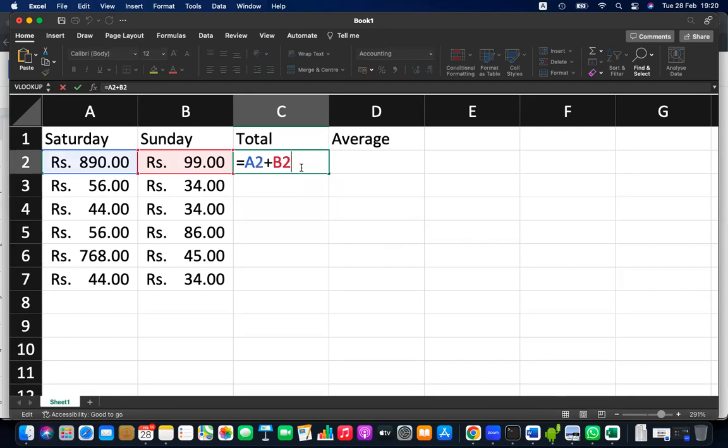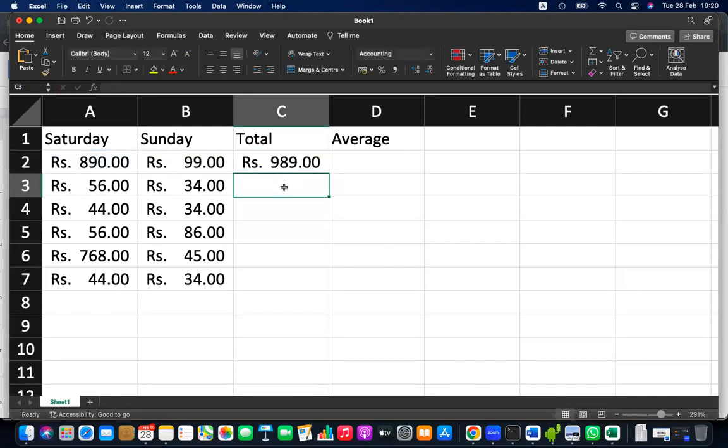What happens if I copy this and paste this in C3? It is already A2 plus B2. If I paste this in C3, what will be the formula? Yes, A3 plus B3. Let me copy and paste, and you can see it is A3 plus B3. What has happened? This is called relative referencing.